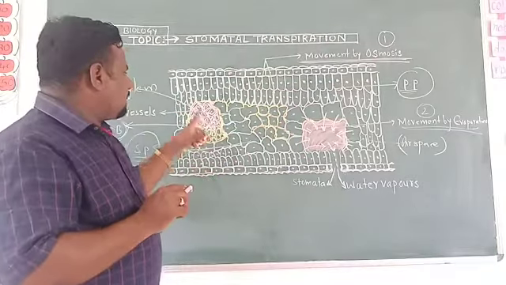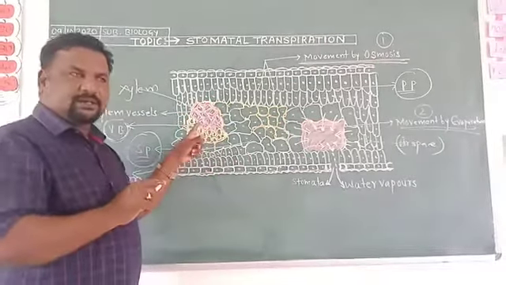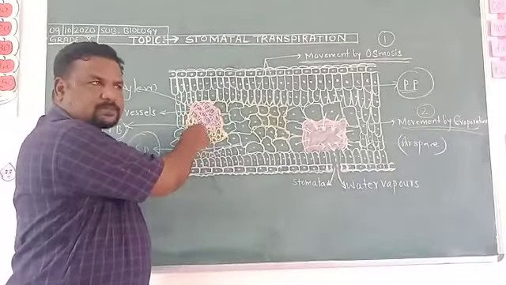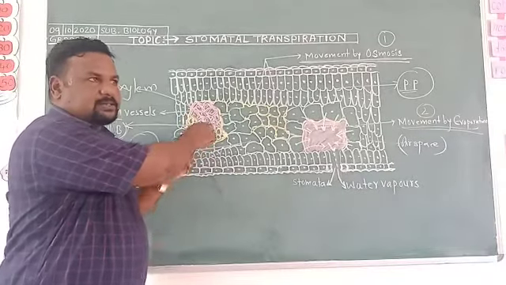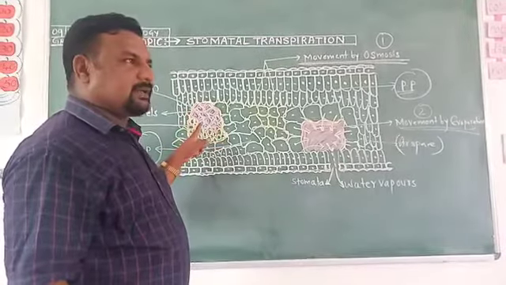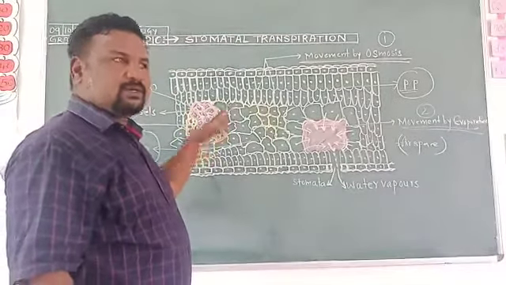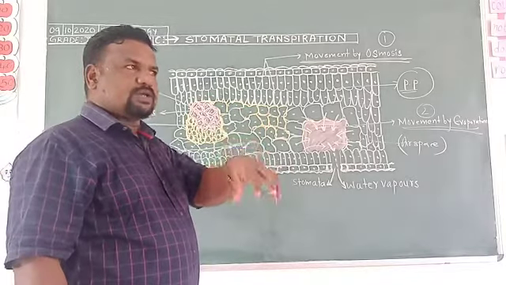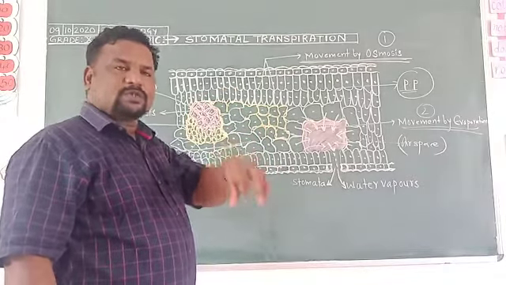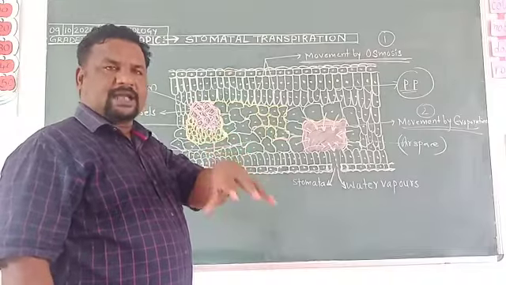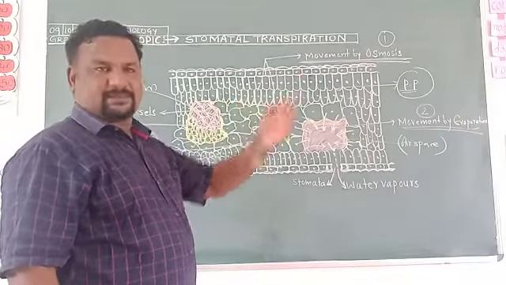At that time, the force of attraction between the pores of the cell wall of cellulose and this vascular bundle water molecule, the force of attraction between the pores of cellulose of the cell wall and water molecule increases.